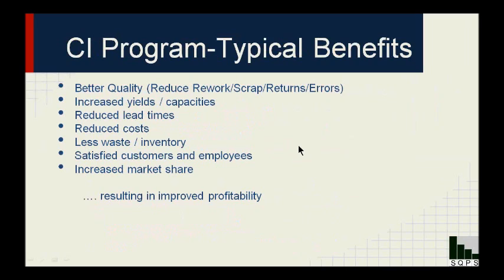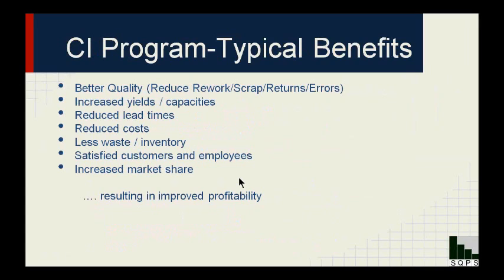So typical benefits from continuous improvement programs. We know the better quality, of course, the reduced rework, scrap, etc. Increased yields, capacity, reduced lead times, reduced costs, less time, less waste, less inventory, satisfied customers and employees, increased market share.